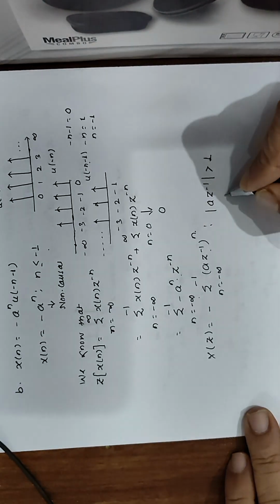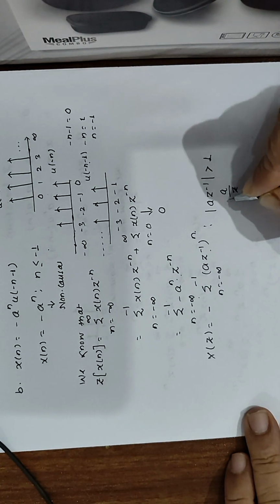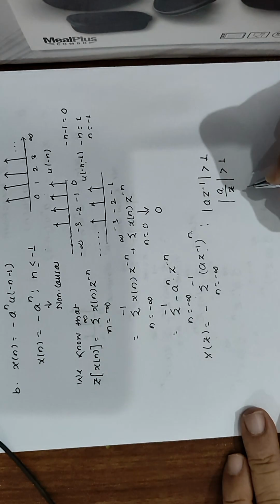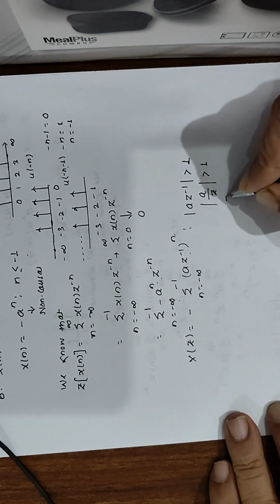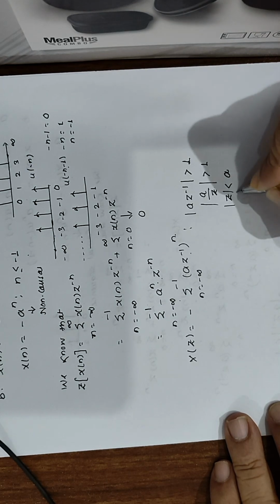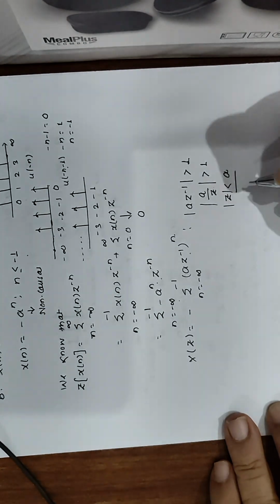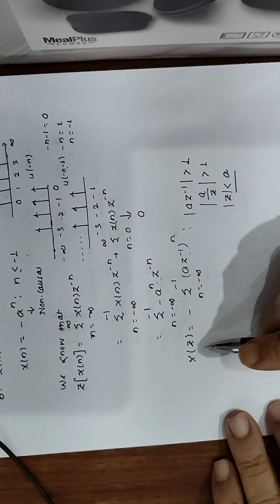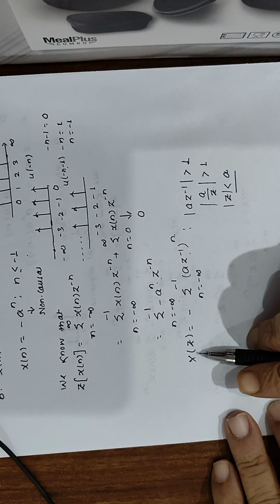So mod of a upon z should be greater than 1, or I can say mod z should be less than a. So this is the region of convergence. We have to substitute the value of z less than a, then only I can say x of z must be converged.